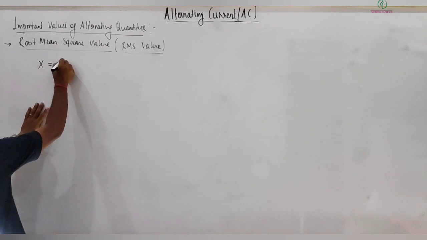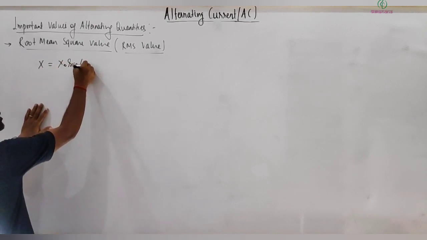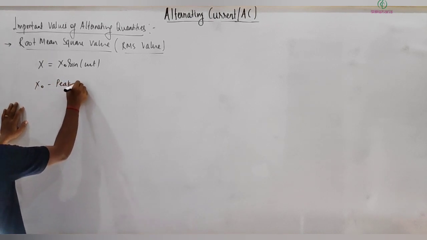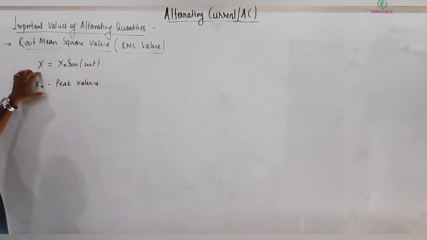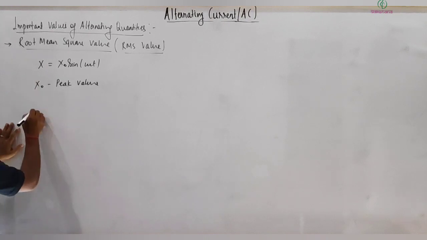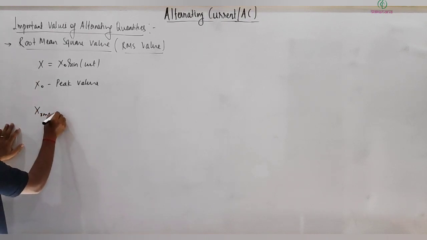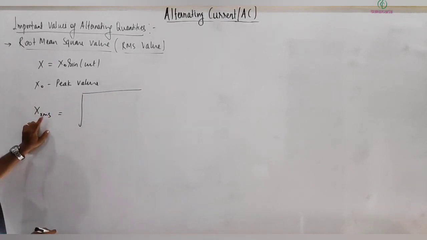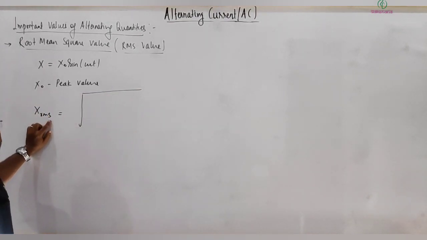Let's say X is given as X naught sine of omega t, where X naught is the peak value or amplitude. Then the RMS value of this is given by X RMS, equal to root, where R means root, M means mean, of square.